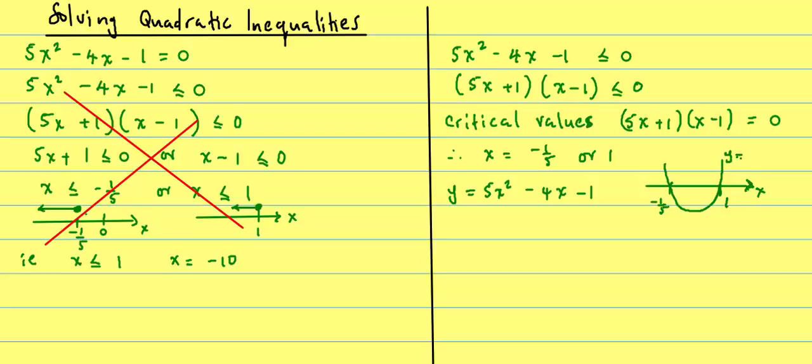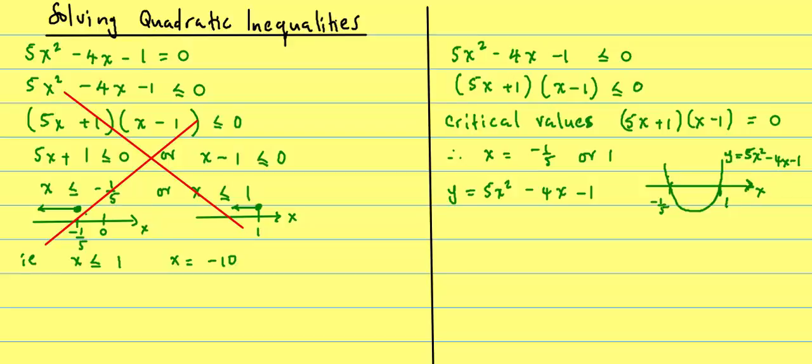Now this is y is equal to 5x squared minus 4x minus 1. Now we're saying as we move along this value at different x values, y is going to take a position or a value which is defined by this expression on the right hand side.